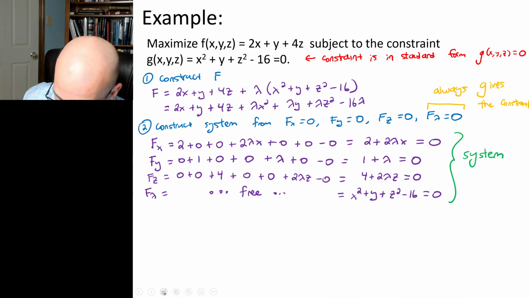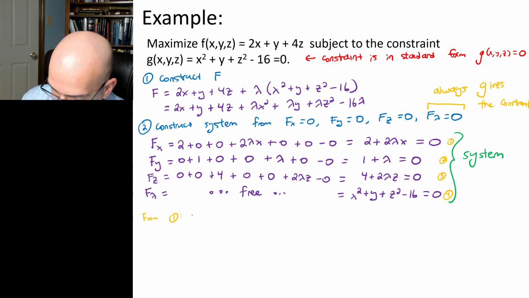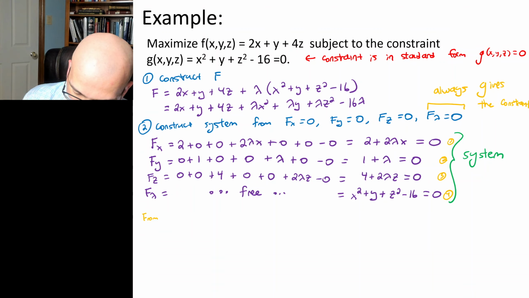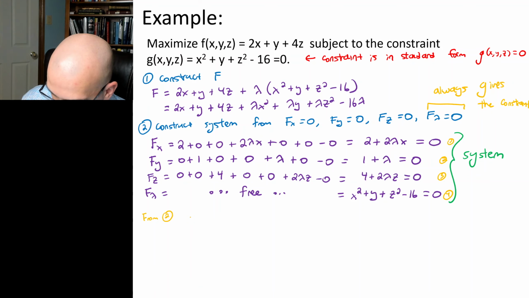So I'll number the equations 1, 2, 3, and 4. From 2, lambda is equal to -1. And we plug that into equation 1.